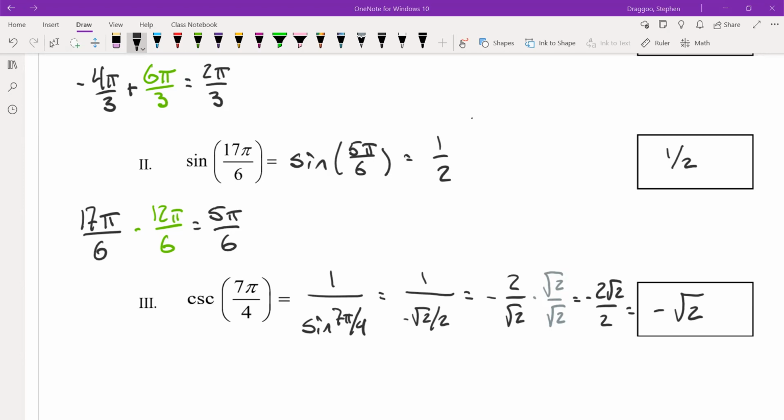And then the second question. The question was, do you need to memorize the tangent values on the unit circle? Strictly speaking, no, because if you have sine and cosine memorized, you could just derive the tangent values at runtime.